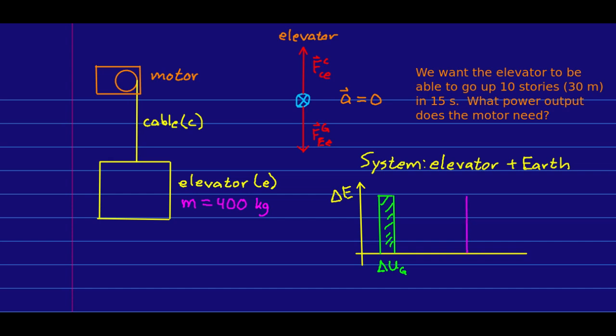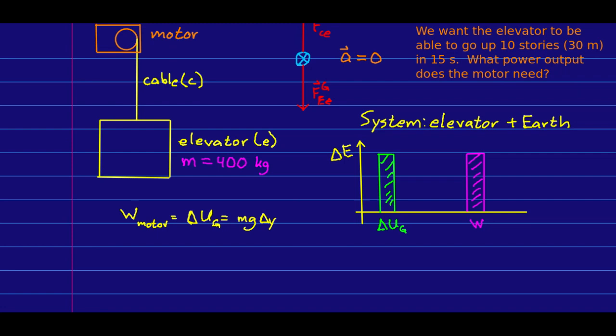And the only external thing that can be doing that work is the motor. And so we see that in raising the elevator by 30 meters, the work done by the motor equals the change in the gravitational energy of the elevator, which is just going to be mg delta y.